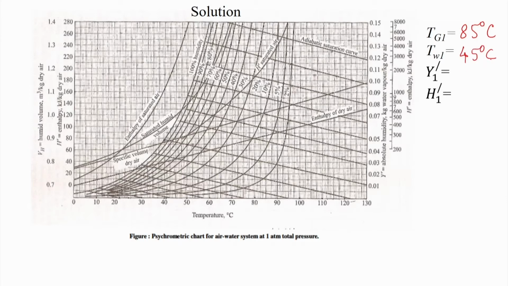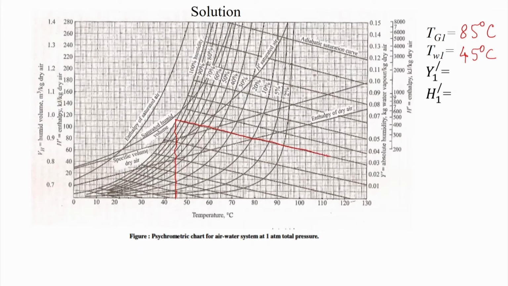We will start from 45 degree Celsius, because this is Tw1, and move in the vertical direction till 100% saturation, and then follow the adiabatic saturation curve through this line.